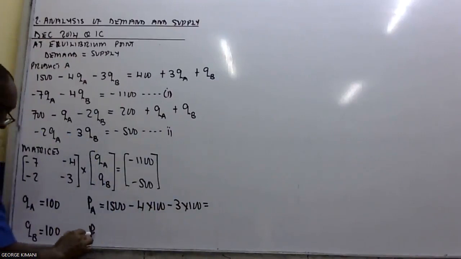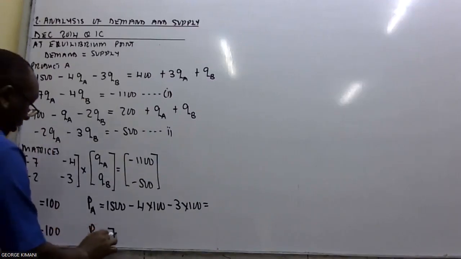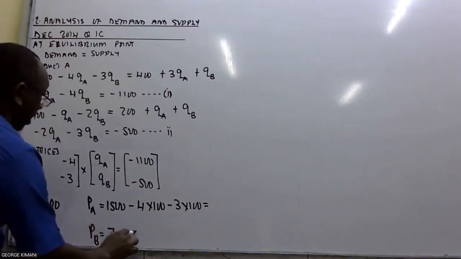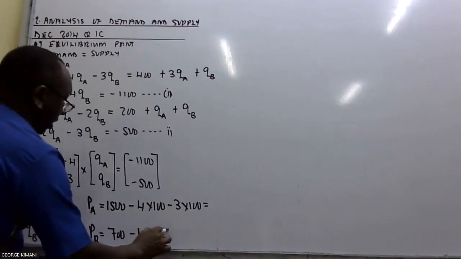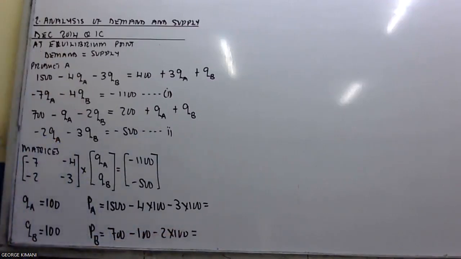And the price of B at equilibrium point, you take this other equation, which is 700 minus 100 minus 2 times 100. Yeah, so that is how you get it as the price.